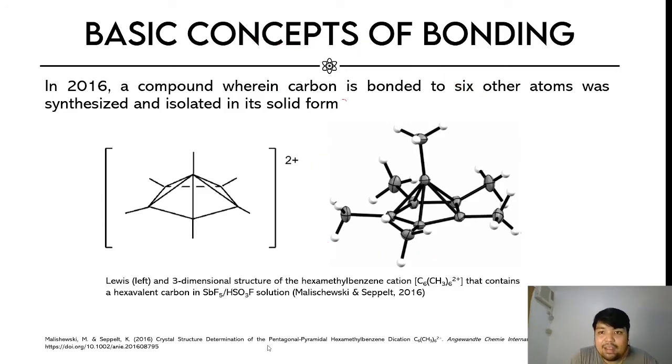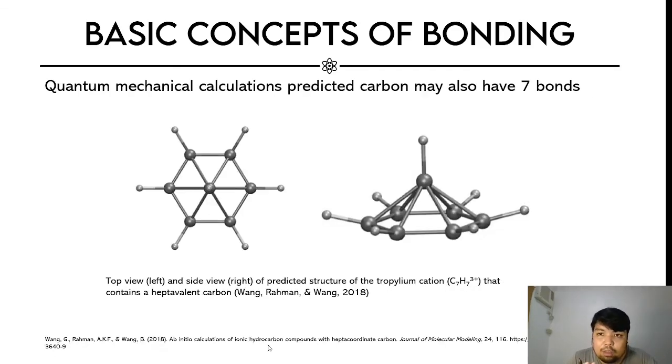Now, there have been computational studies suggesting that a compound with carbon bonded to 7 other atoms can possibly exist. However, it has yet to be synthesized, and just like the hexavalent carbon, this kind of compound would only exist at even lower temperatures.